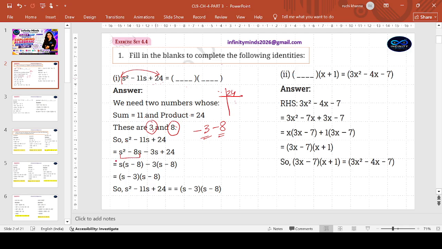Now after that, in these two terms, you will have to take out a common factor. You will always land up in such a situation where it will be possible. So take out s common, you are left with s minus 8. Out of the other two, minus 3 shall come out common, leaving s minus 8. Yes, we get a repeating bracket, which is a major hint that we are on the correct lines.